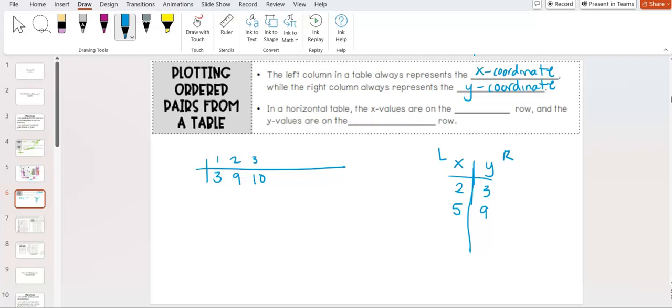In a horizontal table that goes from side to side, x values are on the top and y values are on the bottom. Just like when we graph, we always say x comes first. You can think of that in our tables too. The first row is x because x comes first. The first column, reading from left to right, is x because x comes first.